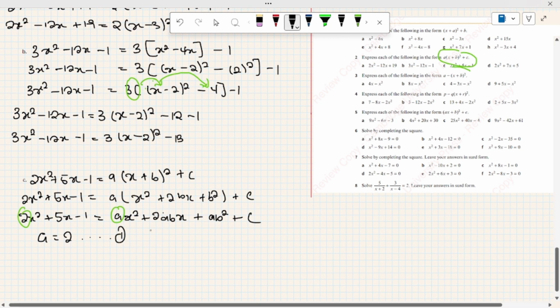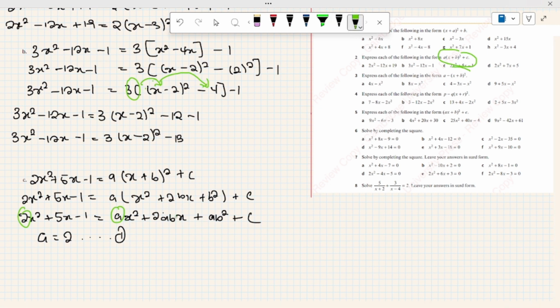Our second equation: we're going to look at these two, that's the coefficient of x, right? The coefficient of x is going to be equal to the coefficient of x on this side also. So let's do that. 2ab is going to be equal to 5.